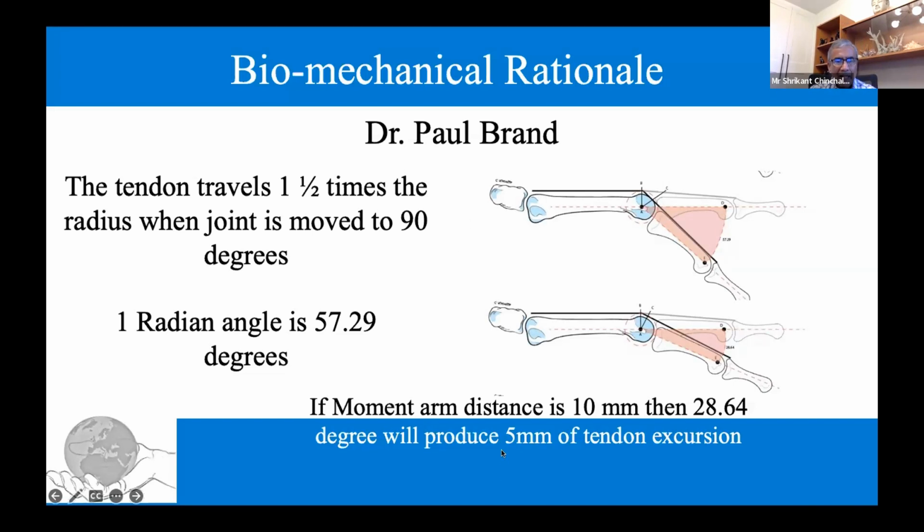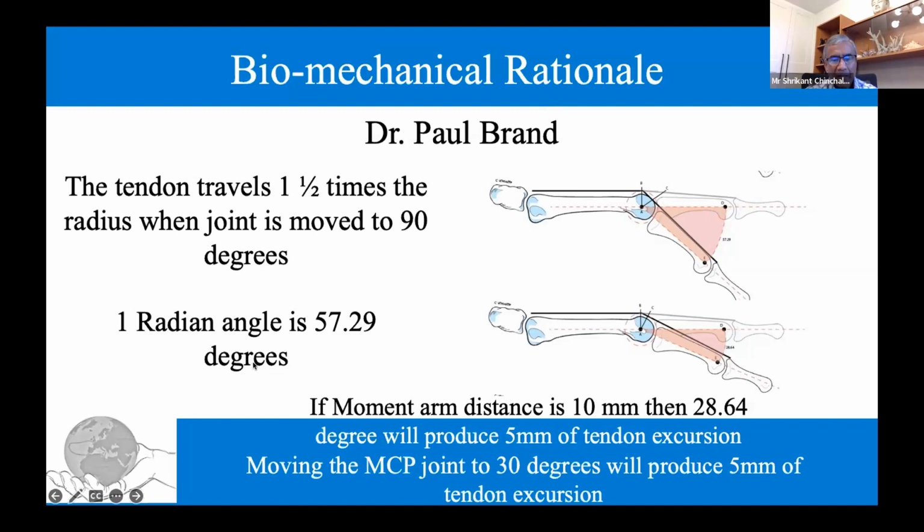So Evans used this calculation, which was originally based on Dr. Brand's principle of radian angle, and based on that, the controlled mobilization program was introduced by using dynamic splinting. So moving the MCP joint to 30 degrees produced 5 millimeters of tendon motion if the moment arm distance was about 10 millimeters.